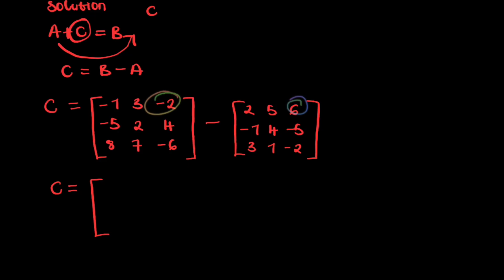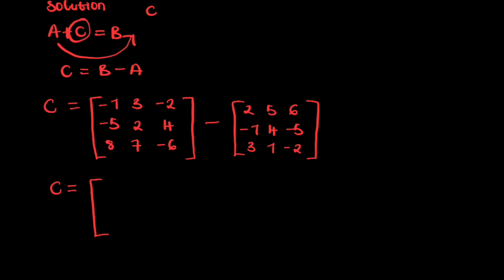Minus 2 and 6 are corresponding elements. Minus 5 and minus 1 are corresponding elements. 2 and 4 are corresponding elements. 4 and minus 5 are corresponding elements. 8 and 3 are corresponding elements. 7 and 1 are corresponding elements. And minus 6 and minus 2 are corresponding elements.